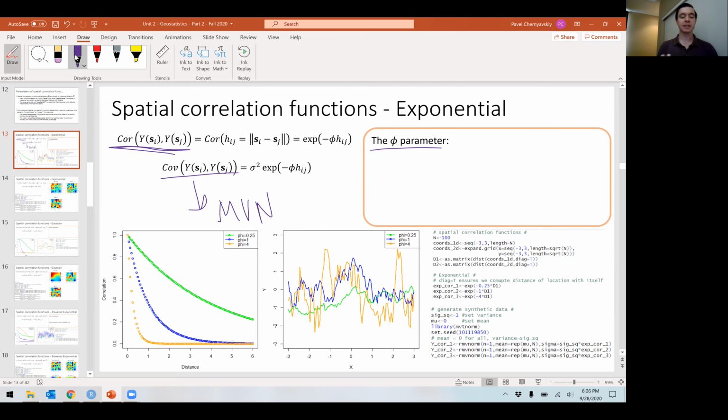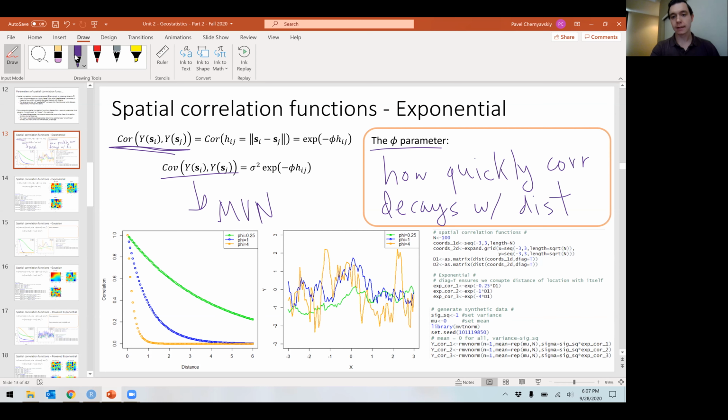So the phi parameter describes how quickly correlation decays with distance. And sometimes this is called the range parameter.